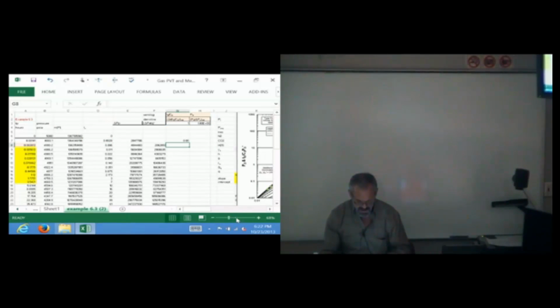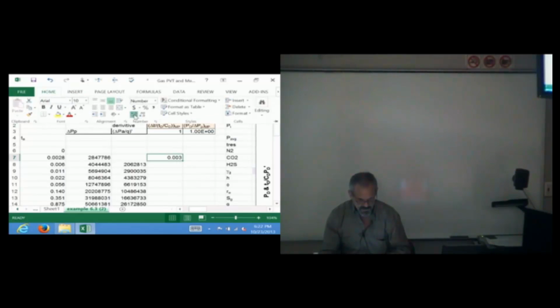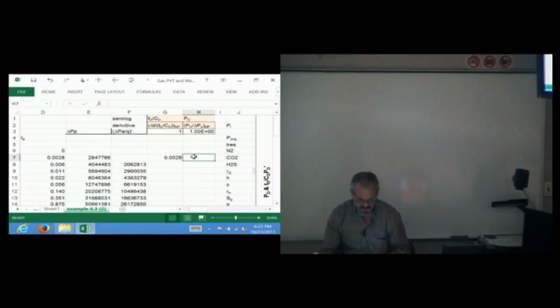I have to zoom back in here so everybody can see in the recording. And it's a small number, it's not 0. And my dimensionless pressure is my delta pseudo pressure, and I don't know why we do this, but we multiply by 1 and divide by the other. I do know why, but okay.